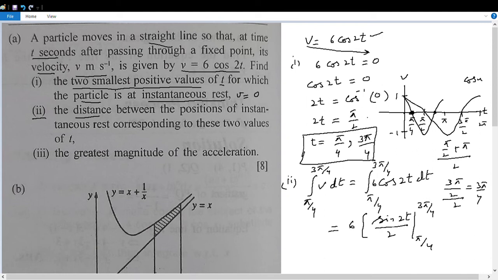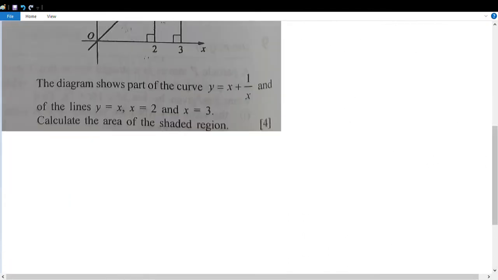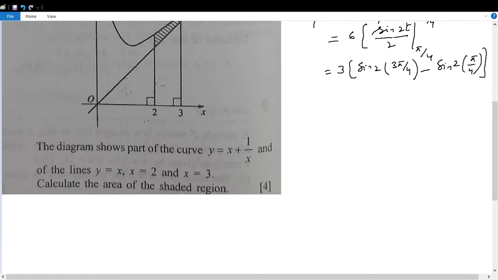Now apply the limits, upper limit minus lower limit: sine of 2 times 3 pi over 4 minus sine of 2 pi over 4. Cancelling the 2 with the 6, it becomes 3, and 2 times 3 pi over 4 is 3 pi over 2.